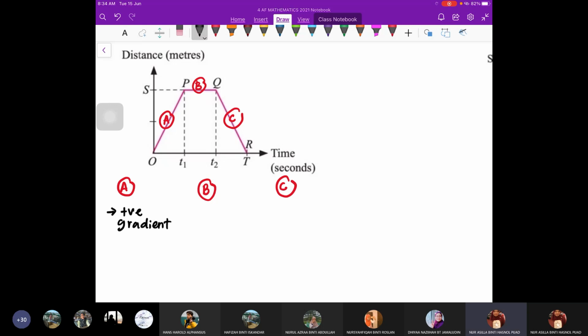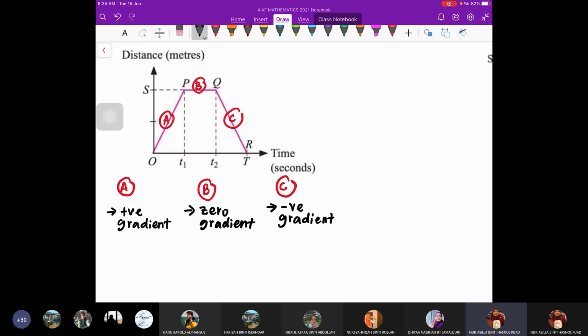B ada gradient tak? Guys, B ada gradient tak? No. So it's called zero gradient. And C has a negative gradient. Okay, so please keep in mind, gradient untuk distance time graph is the speed.